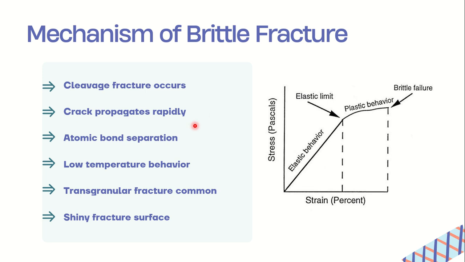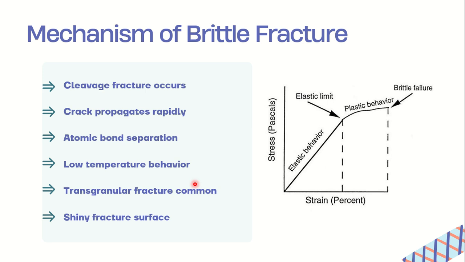Then the crack propagates rapidly, with atomic bond separation and low temperature behavior. Granular fracture is common, with a shiny fracture surface. Only in brittle fracture is the surface always shiny.